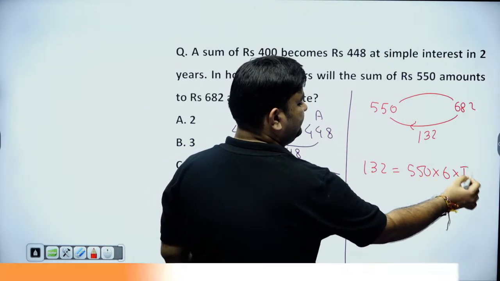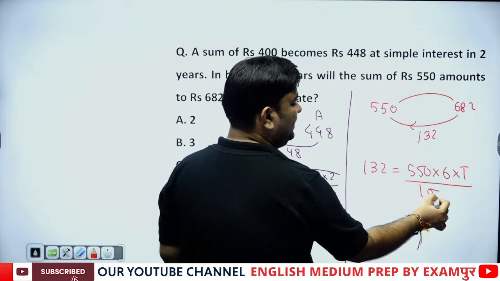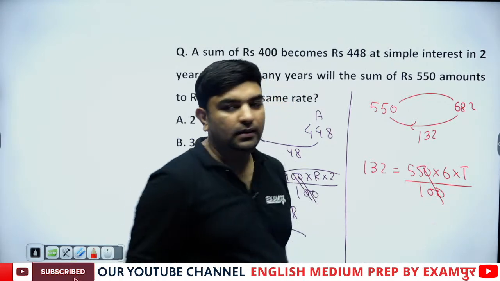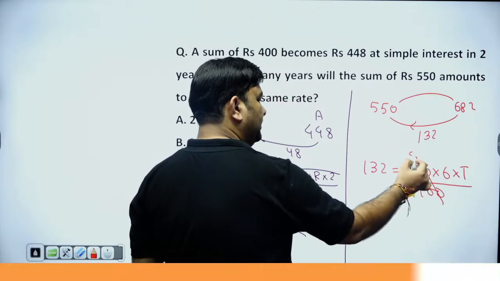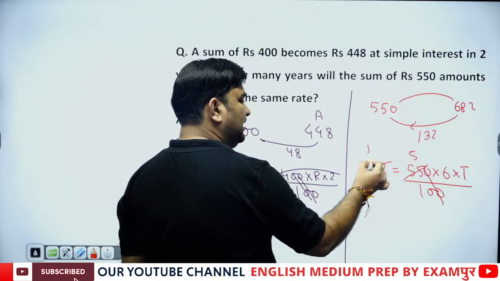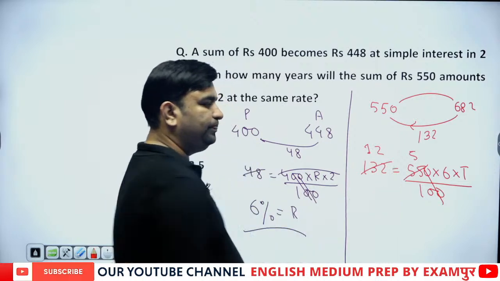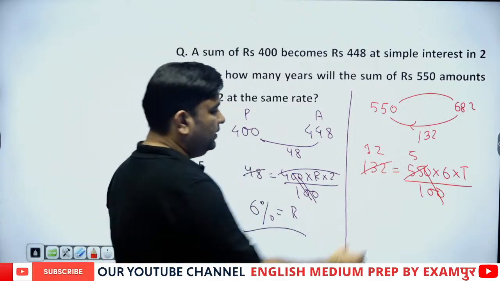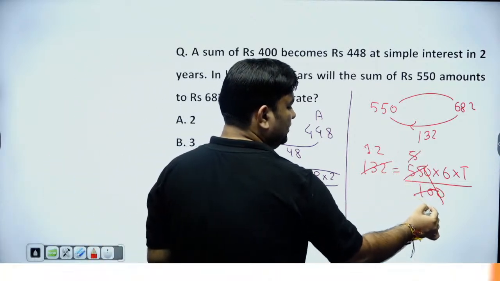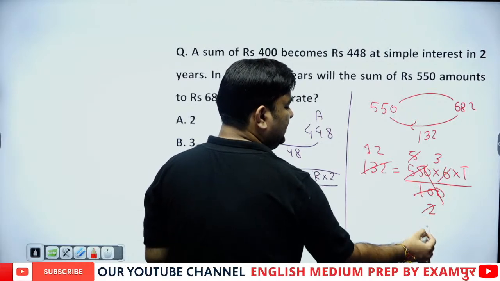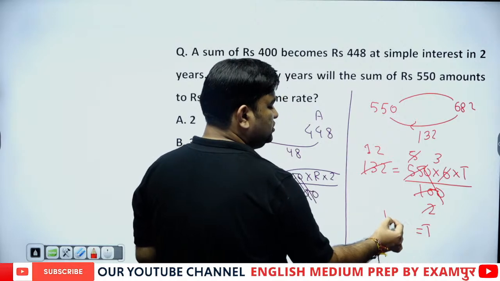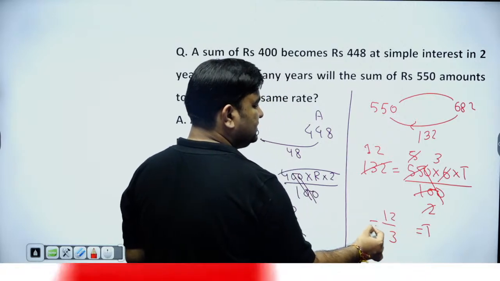In how much time is it possible? 11 5s are 55, 11 1s are 11, 11 2s are 22, 5 2s are 10, 2 3s are 6. Time is 12 by 3, 4 years.